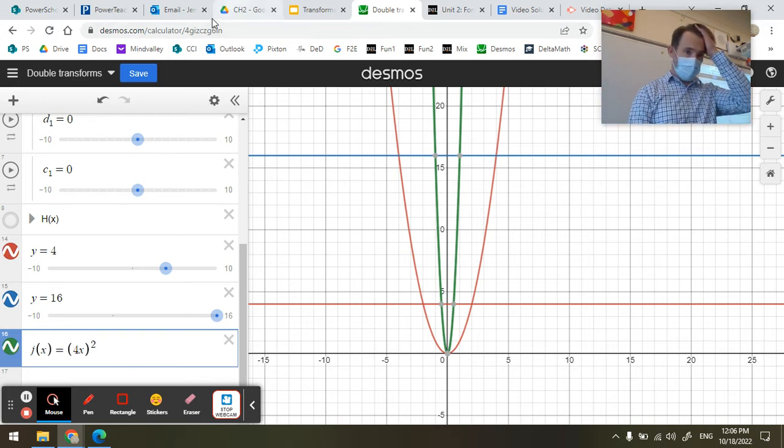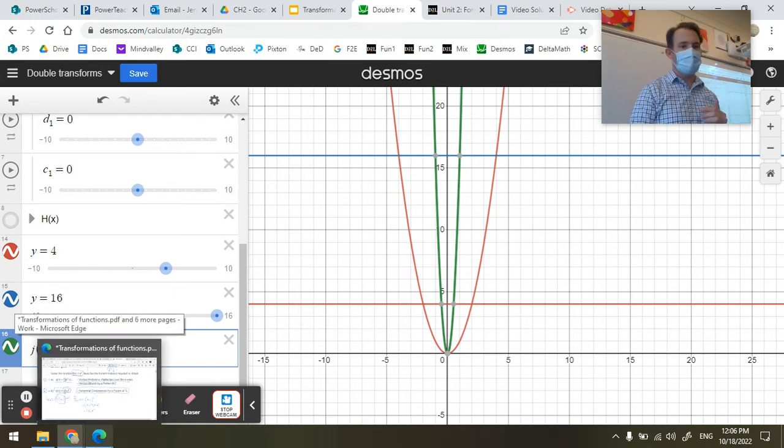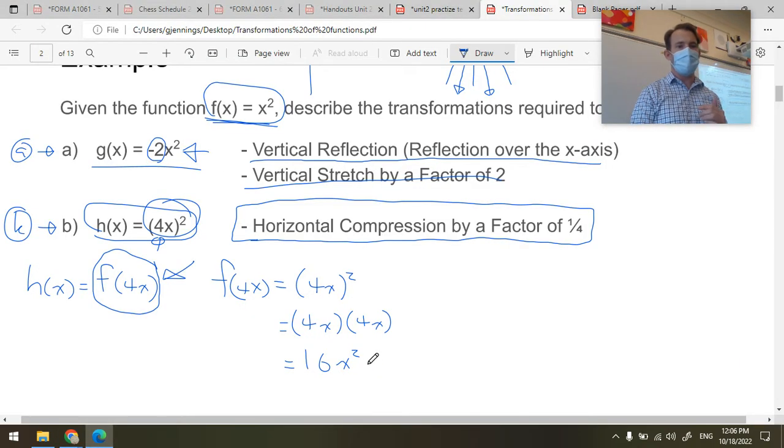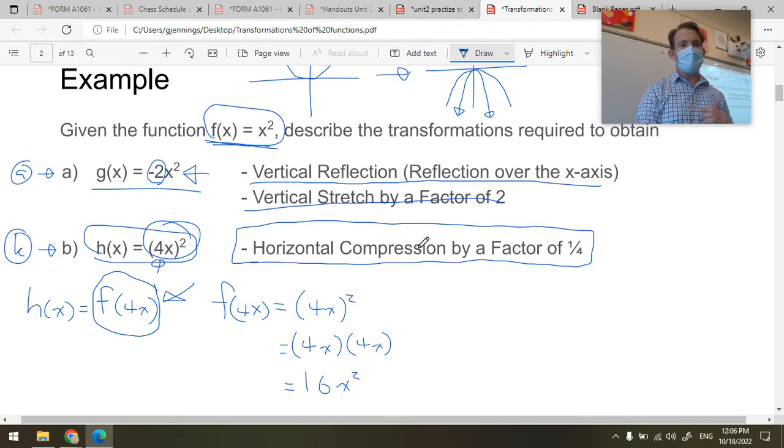Okay? So, pretty weird, right? Yeah, I think that's kind of weird. This is weird when you first see it, but you'll get used to it. Don't worry. Okay, so that's what we mean by a horizontal compression by factor 1/4. Multiply all those x values by 1/4, you'll find the new function.